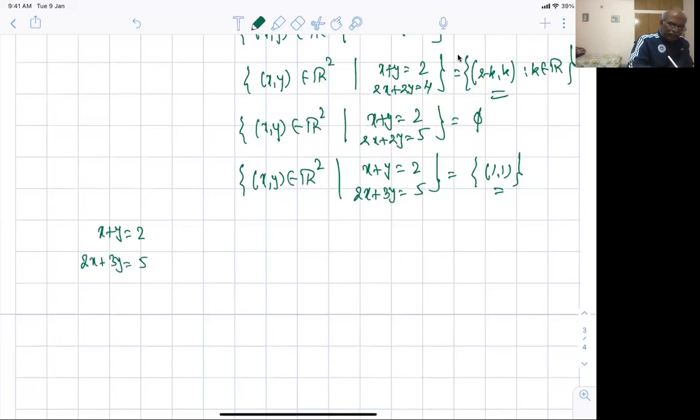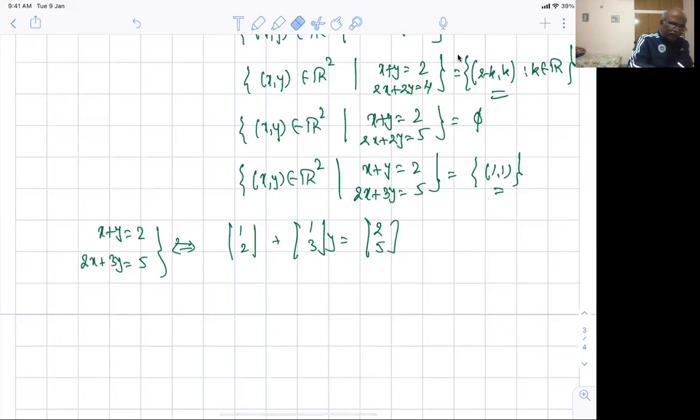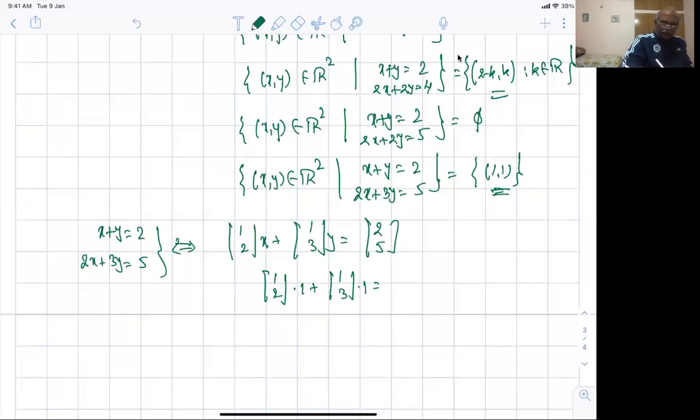I can think of this as equivalent to looking at (1, 2) times x plus (1, 3) times y is equal to (2, 5). I would like you to understand it this way. Fine. So you can see here that the solution was x is equal to 1, y is equal to 1. So (1, 2) times 1 plus (1, 3) times 1 is 1 plus 1 is 2, and 2 plus 3 is 5.